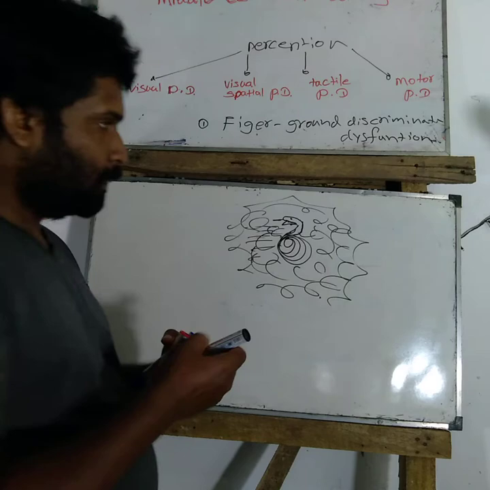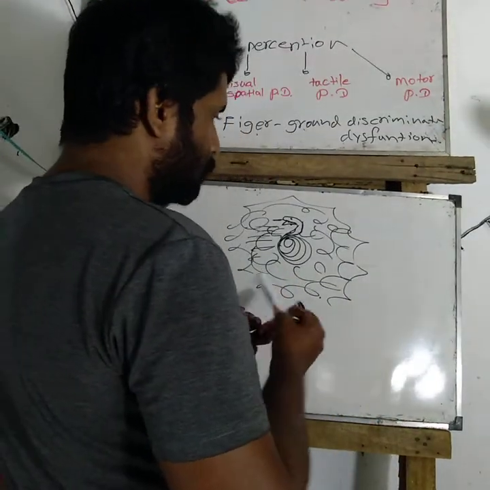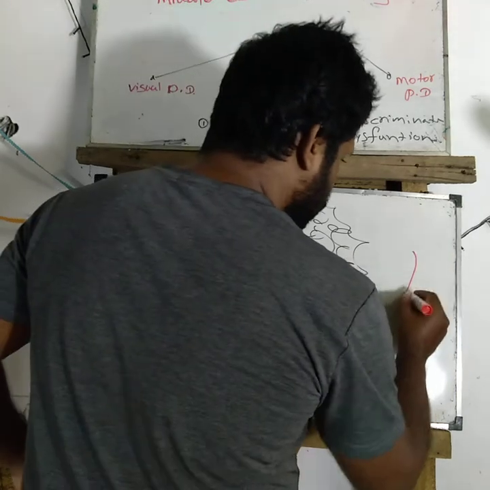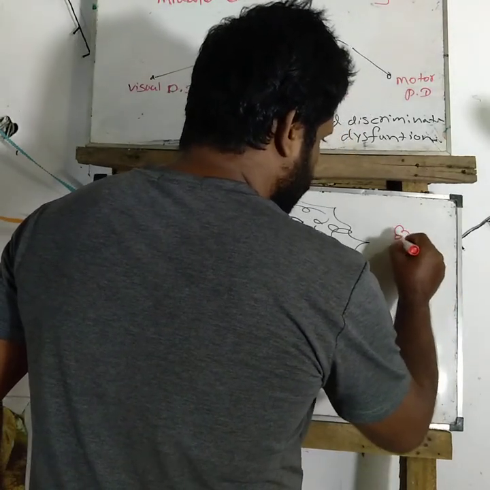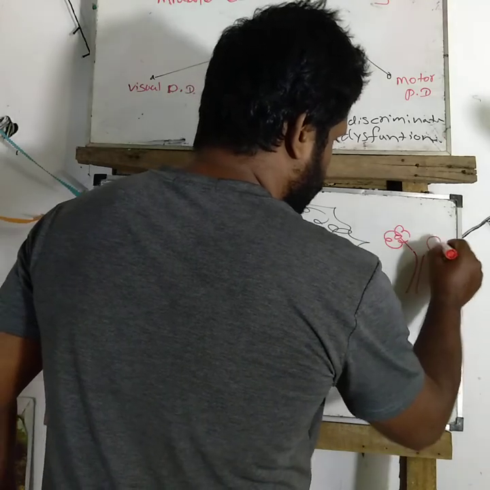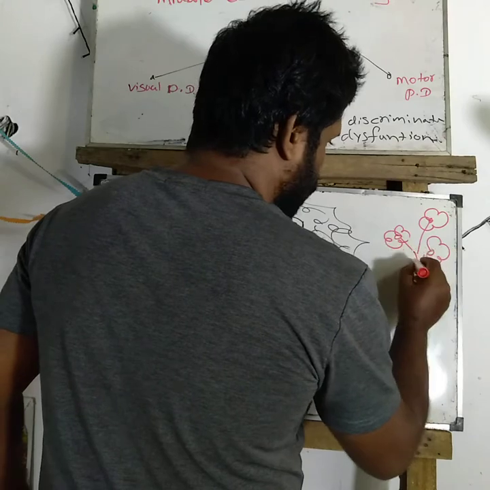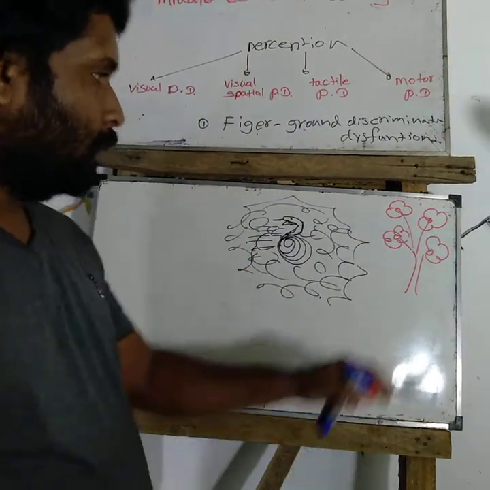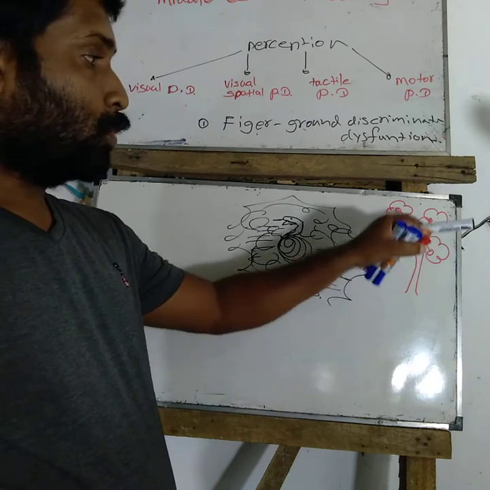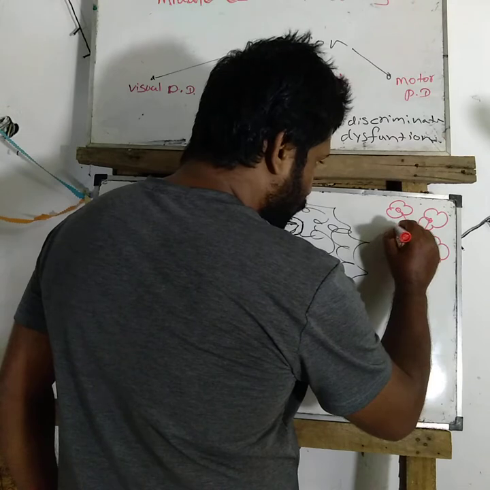Another example. This is the flower. Butterfly also the same color. This is the butterfly.